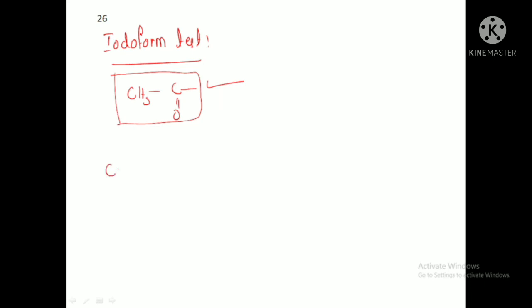Here what will happen when you treat any compound containing CH3 C double bond O group with I2 in the presence of NaOH, it will form CHI3. So this CHI3 will give yellow precipitate. This is iodoform test. Okay, so that is about aldehydes and ketones.